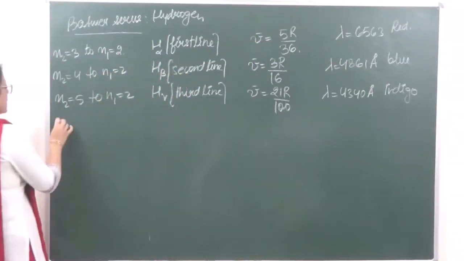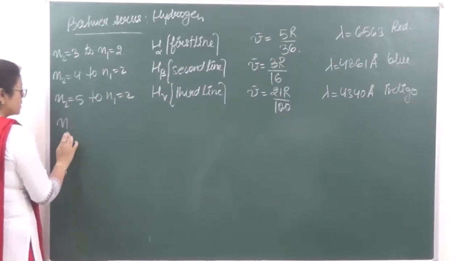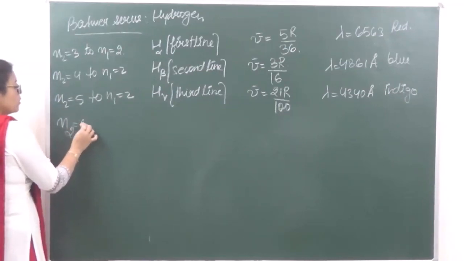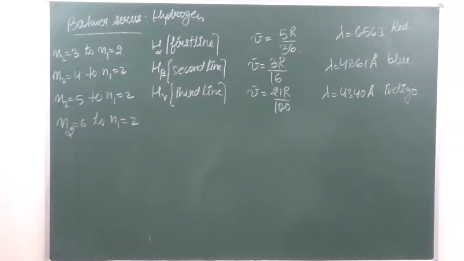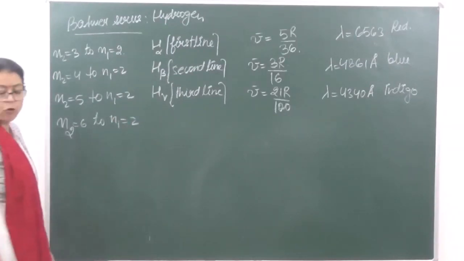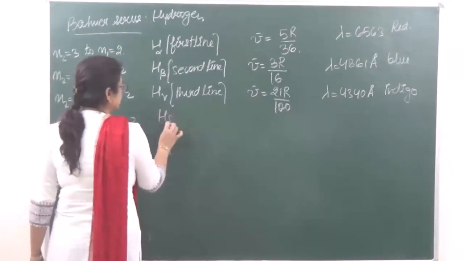Okay, then the next one is from N2 is equal to 6 to N1 is equal to 2. This is the fourth line, H delta.